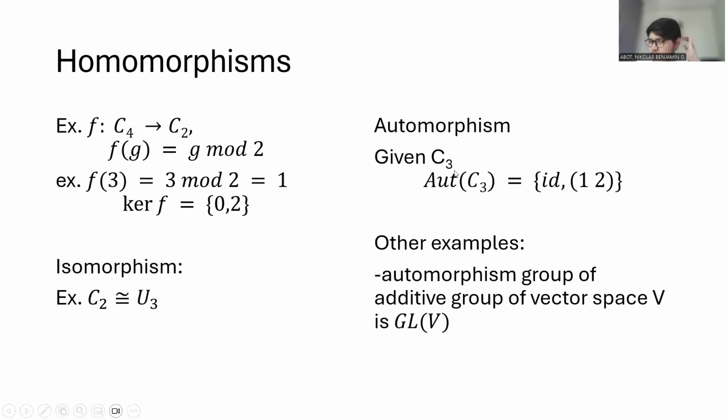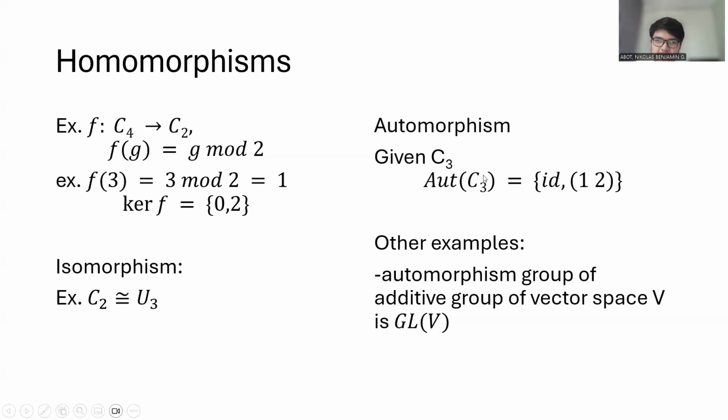The last special homomorphism to consider is an automorphism. An automorphism of a group is a permutation of the elements of the group that preserves the group operation. For example, if we consider the cyclic group C3, swapping the elements 1 and 2 actually preserves the group operation.